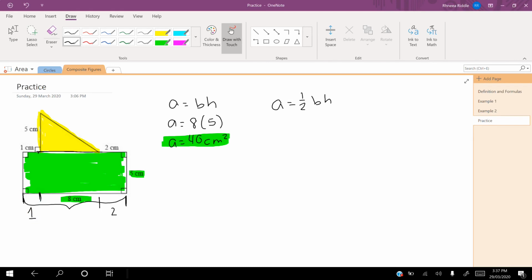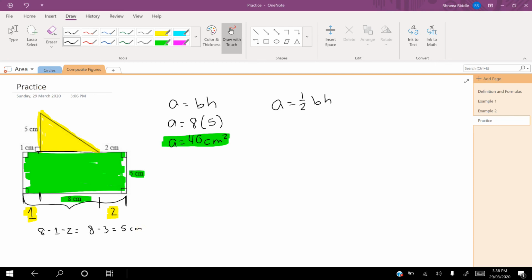So if we know that these two lengths are taken away from 8 to create the base of our triangle, we can take 8, subtract that 1 and that 2 to find the length of our base on that triangle. So when we do that, that's the same thing as 8 minus 3, which is 5 centimeters.